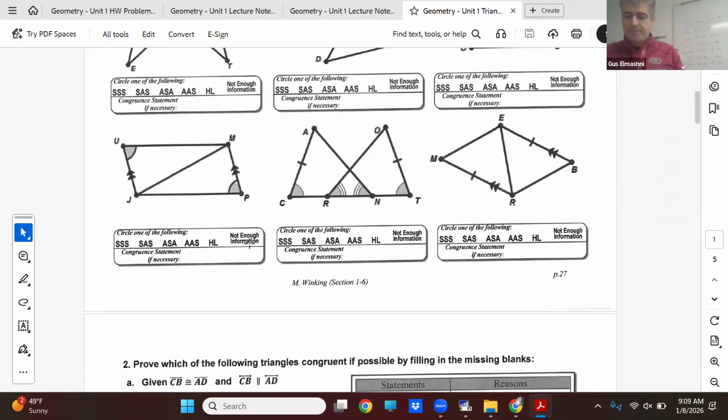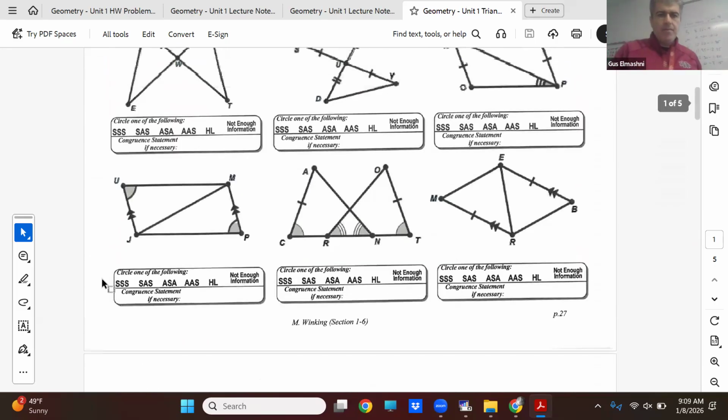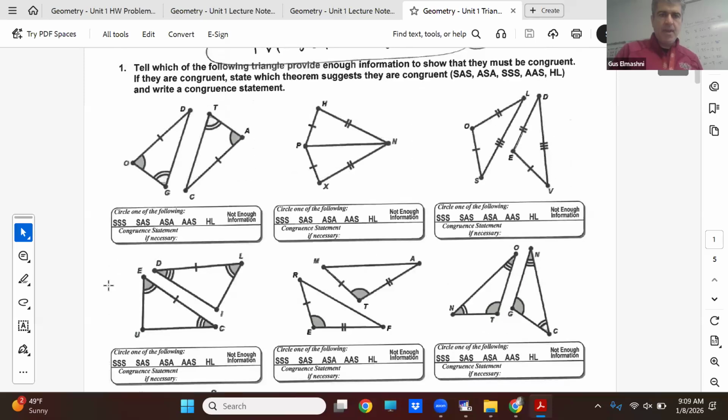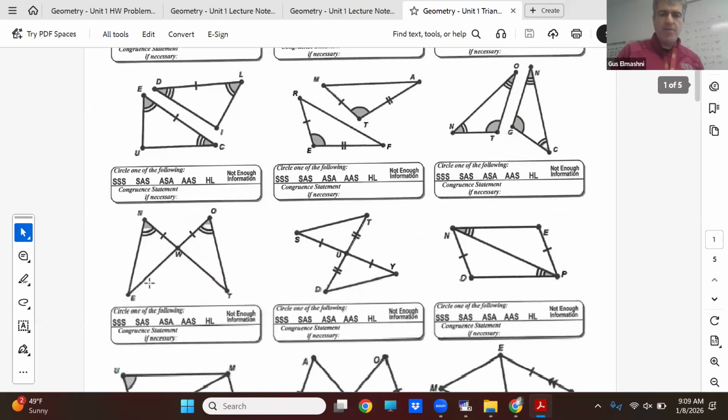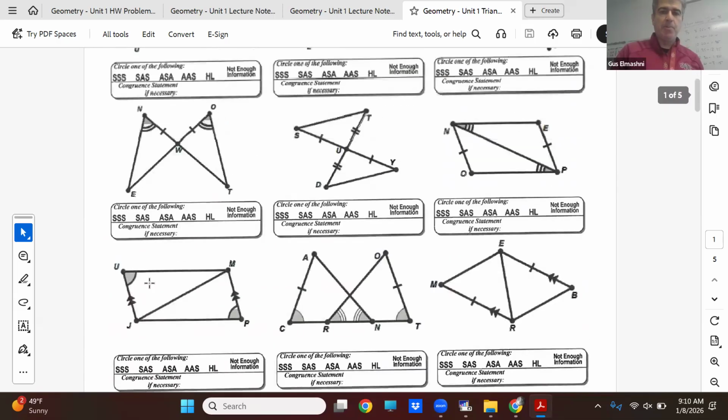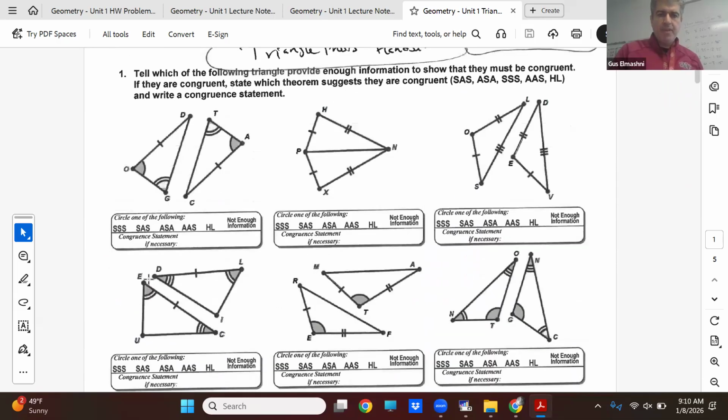So let's knock this one out. Let's look at the first three. I'll have you guys do the next 9 in your table groups. Do we have enough information to say these are congruent? Yes. What reason?